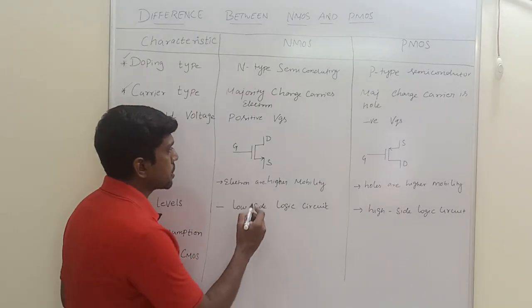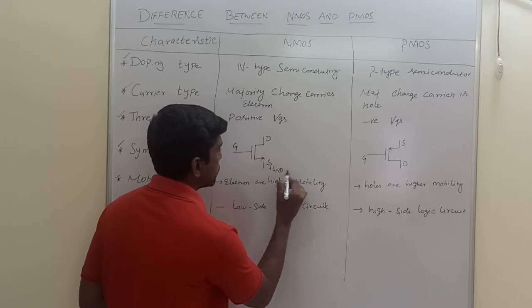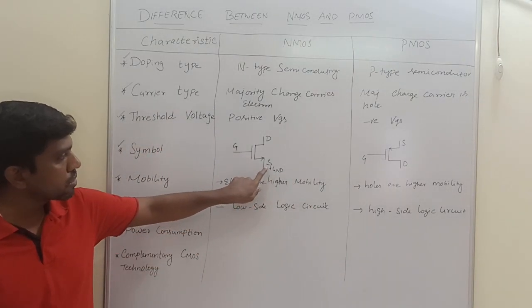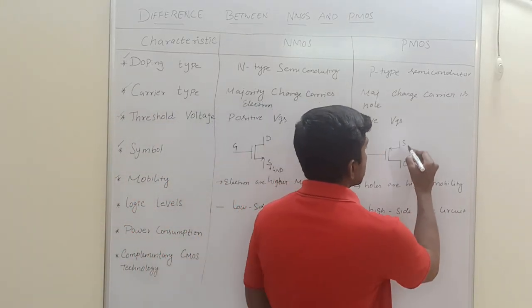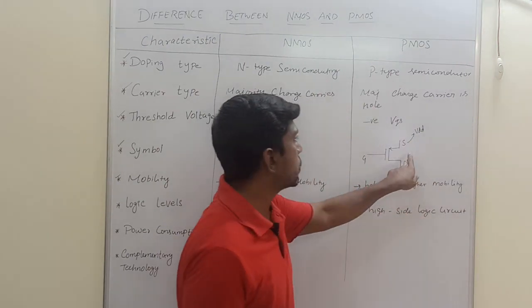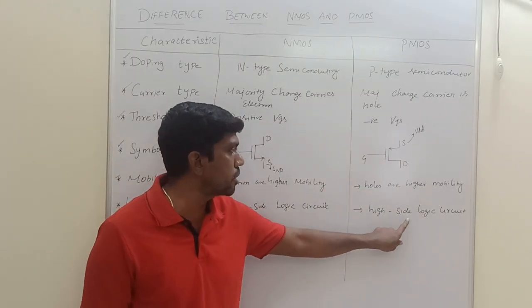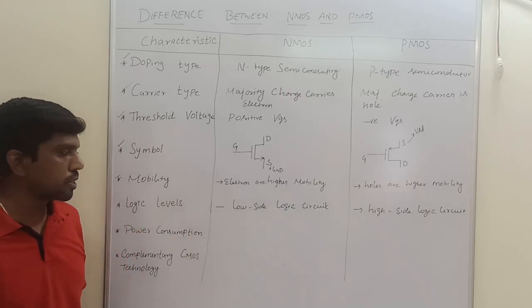Low side logic circuit means the NMOS transistor source is connected to ground. High side logic circuit means the source is connected to VDD. This type of circuit is called a high side logic circuit, and this type of circuit is called a low side logic circuit.